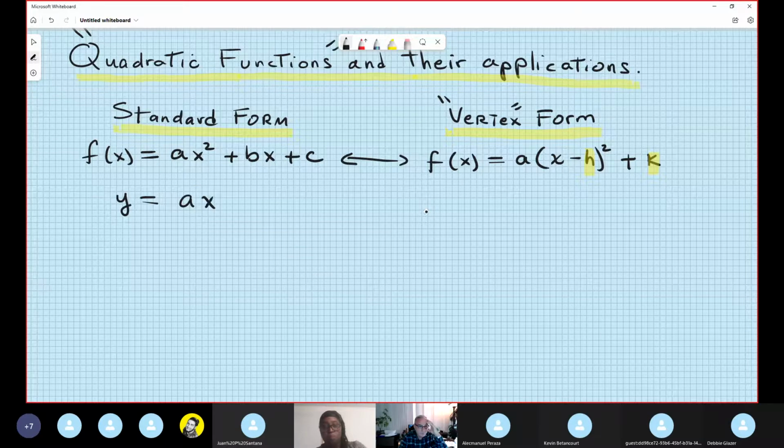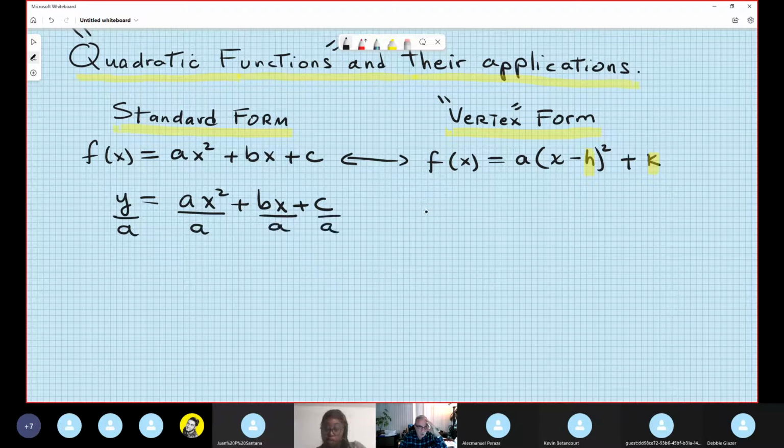y equals ax squared plus bx plus c. So in order to manipulate this equation and express it as equal to the vertex expression, I propose you complete the square. But to complete the square, you need the coefficient in front of the quadratic term to be 1.